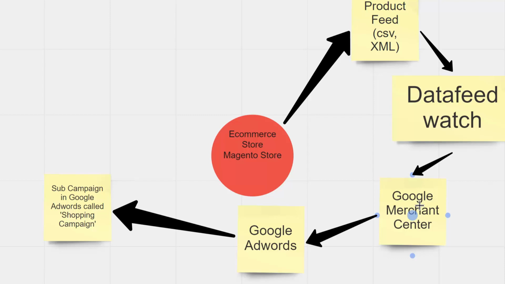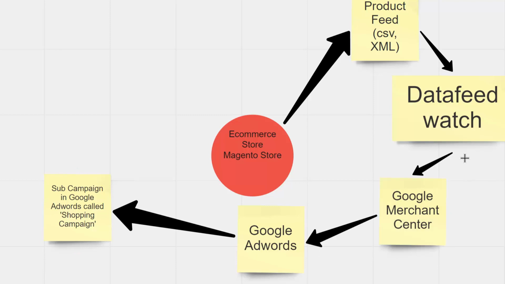So for example, if I see errors in the Merchant Center and every product's got the same error, maybe it's missing a color and I've got a color in another field, I could map that to the right field. So it gives me much more flexibility to use what's called a feed manager between those two steps.